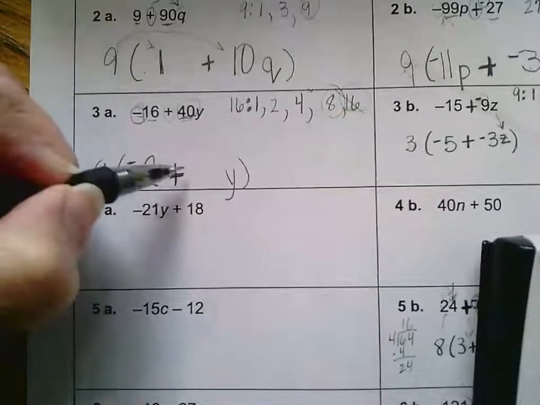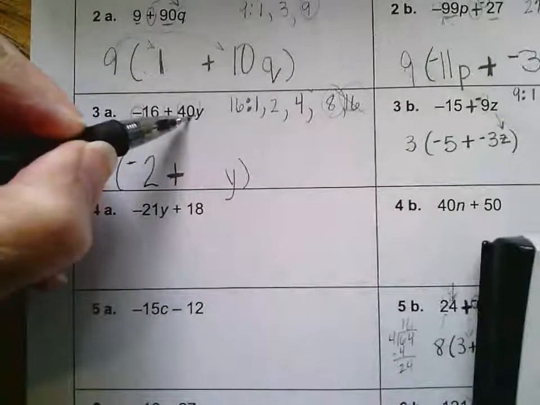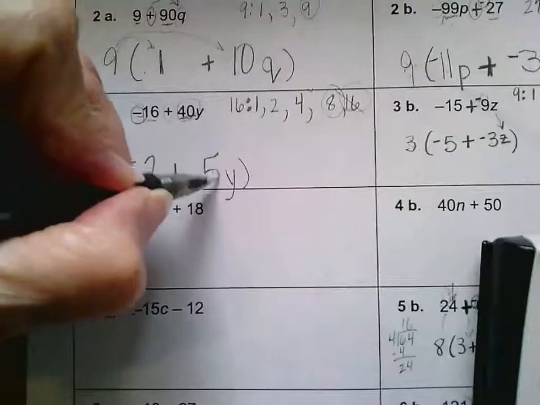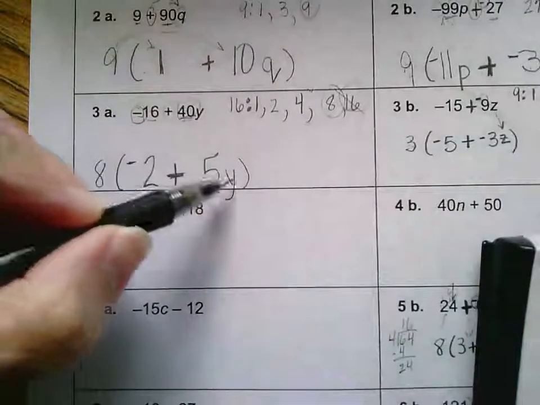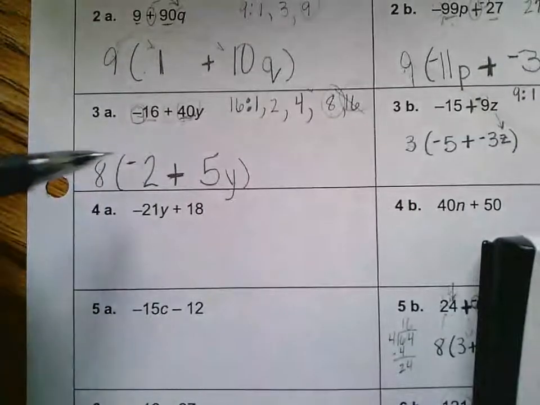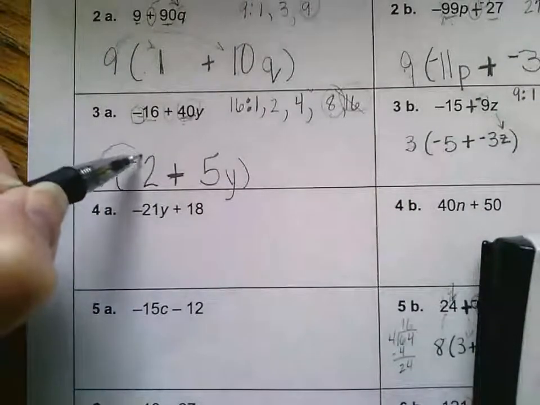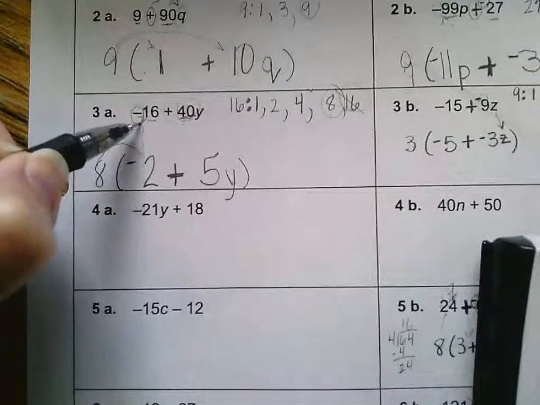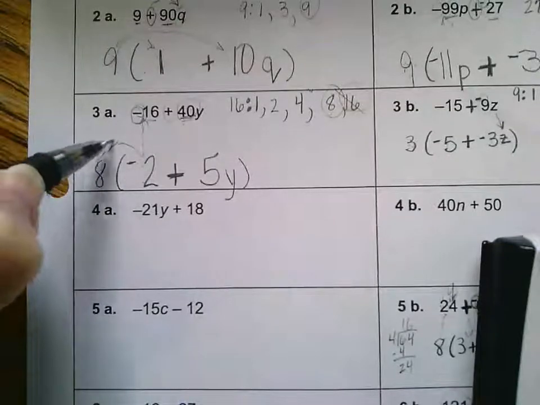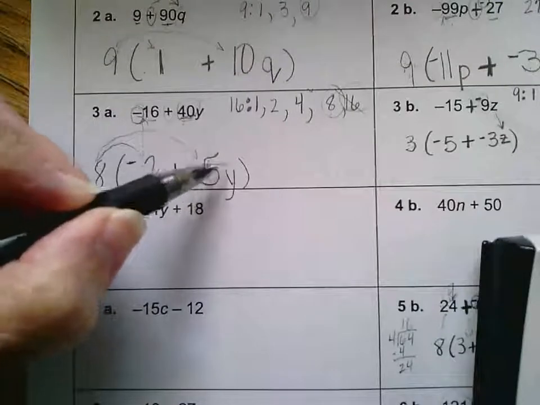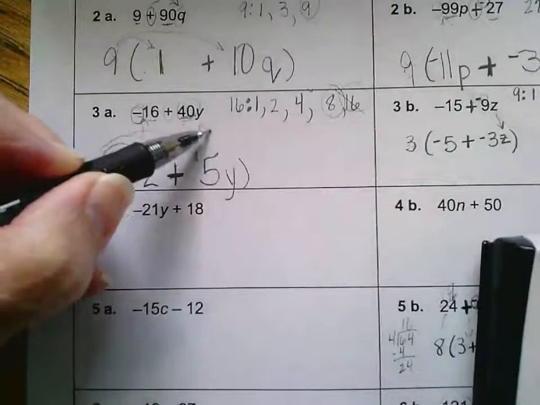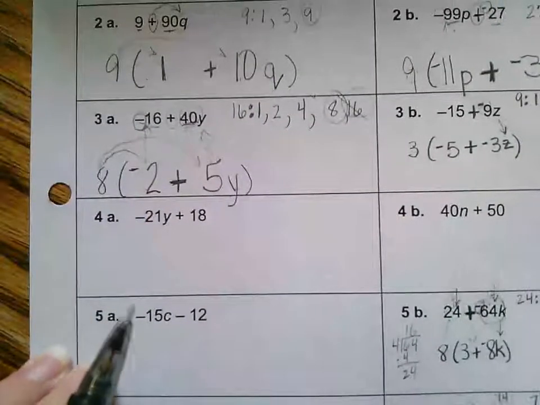And 8 times what is going to give me 40? That would be 5. And that's right next to my y. So 8 times 5y is 40y. Check it out. 8 times negative 2 is negative 16. That works. 8 times 5y is negative 40y.